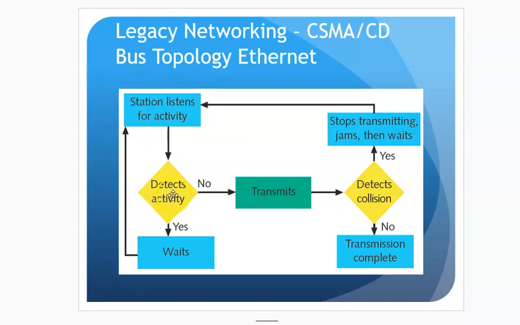If it sensed any voltage pulses going by, as in computers were sending data, it would wait, and keep waiting until it sensed no traffic. Once it sensed no traffic, it just transmitted. There was no, hey, does anybody want to go next? Nope, it just sent.